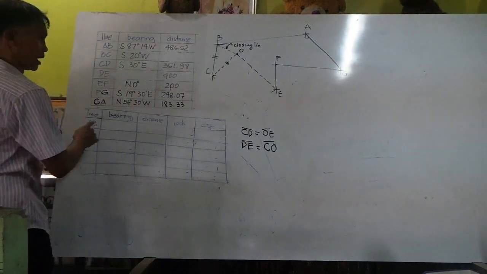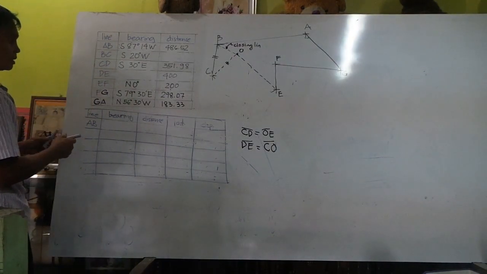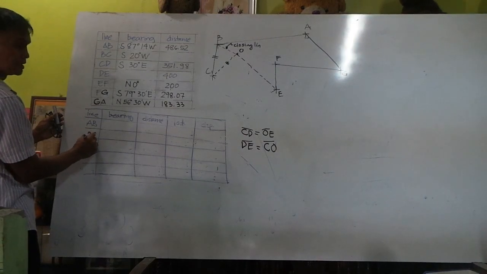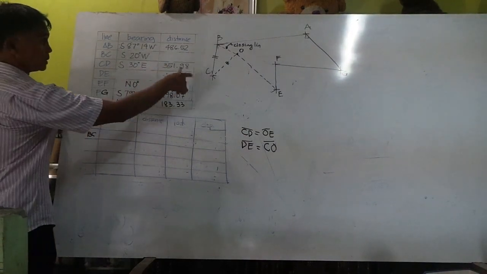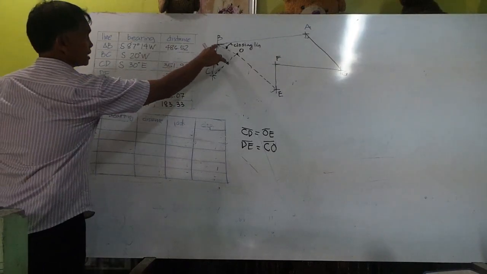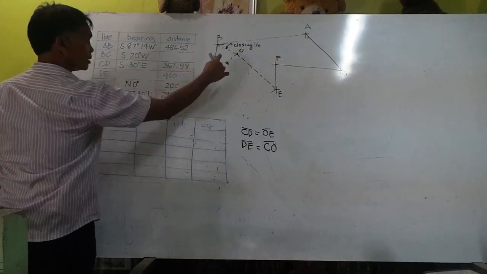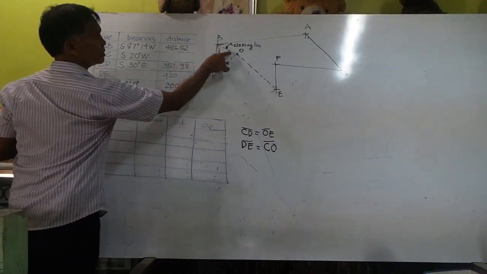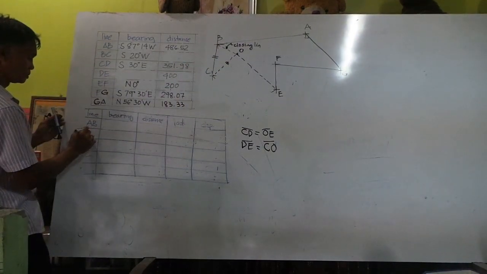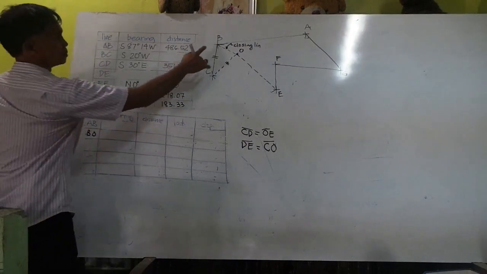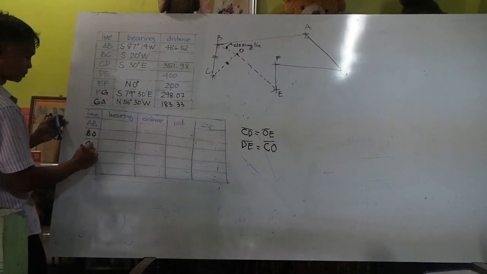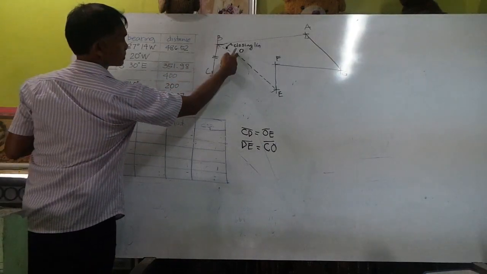So, we'll start from AB, then BC, okay? Then BC, no, not BC. It is AB, then BO, BO, then OA. So this traverse, no?